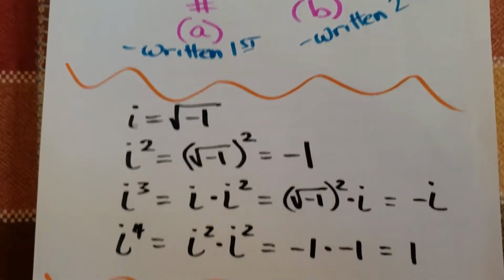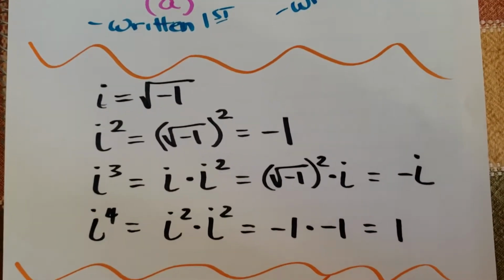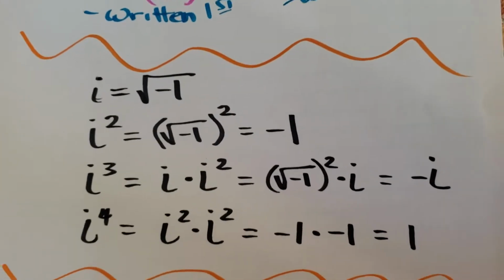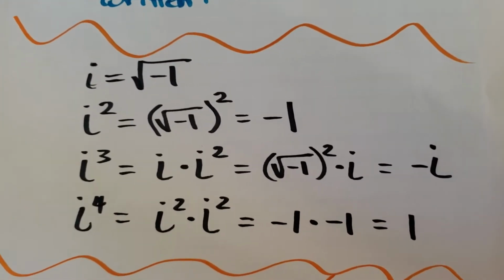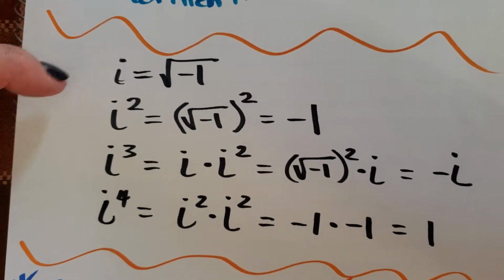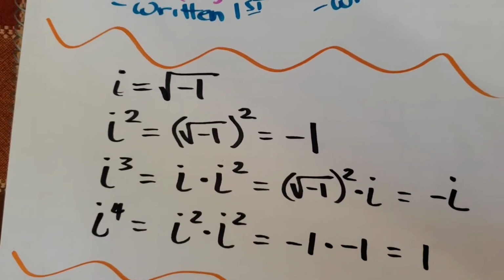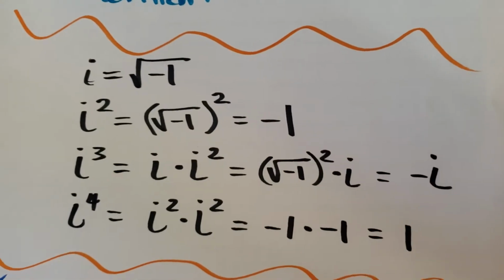Now, i is kind of treated like a variable when we use it, but it has rules behind it, which makes it different. So here is a lot of extra explanation, but here's what you need to know. i was invented so we can get the negative out from under a square root. Before, the square root of a negative would be undefined.